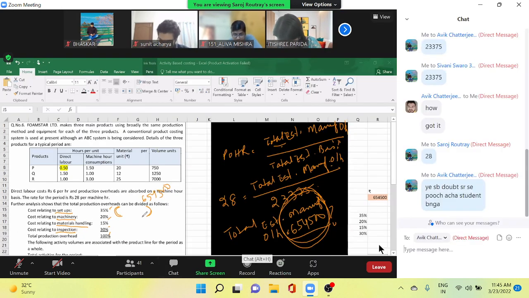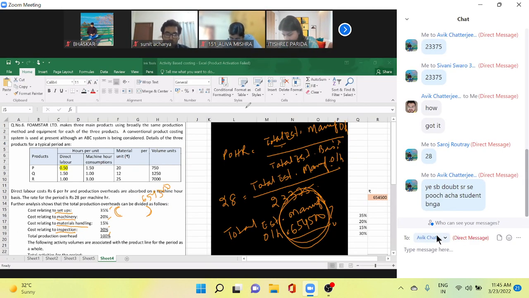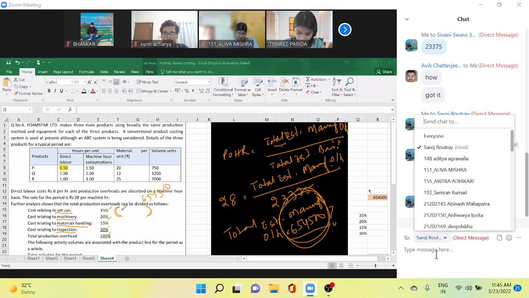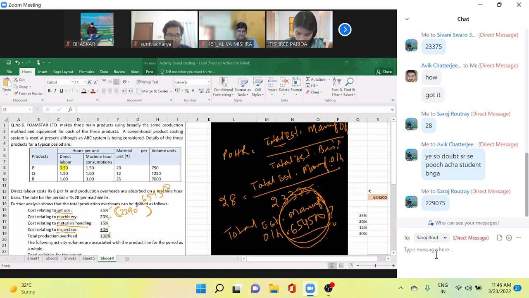Through chat, how much will it be for setup? 229075.